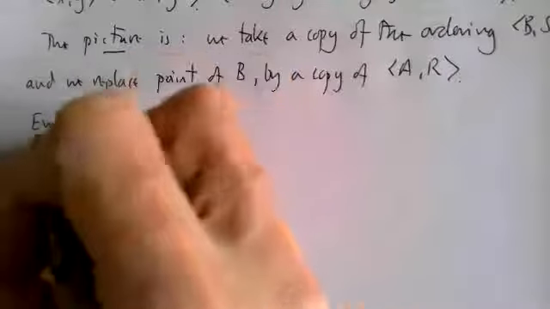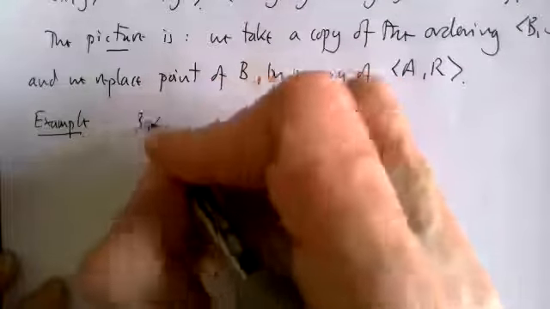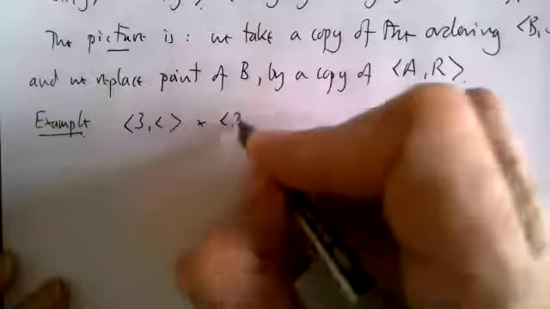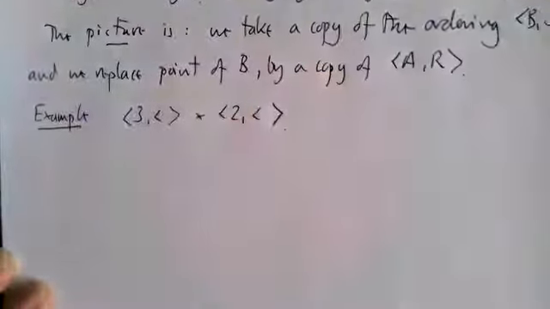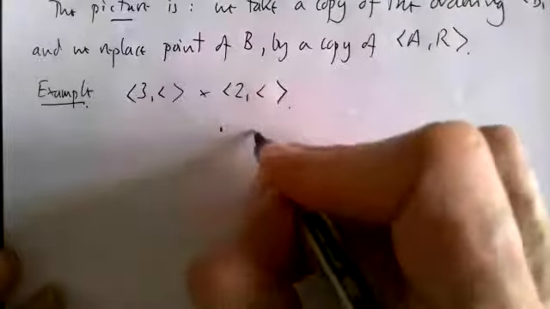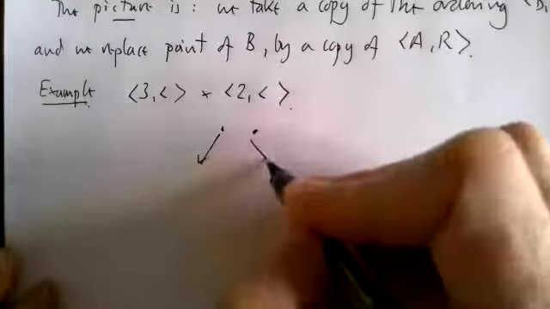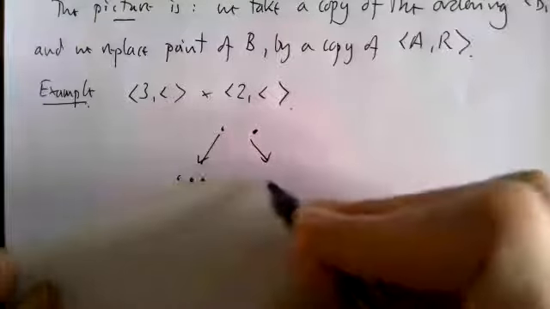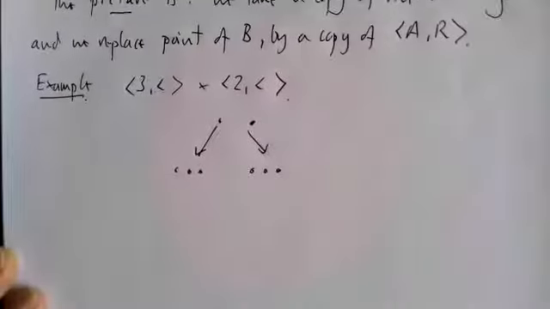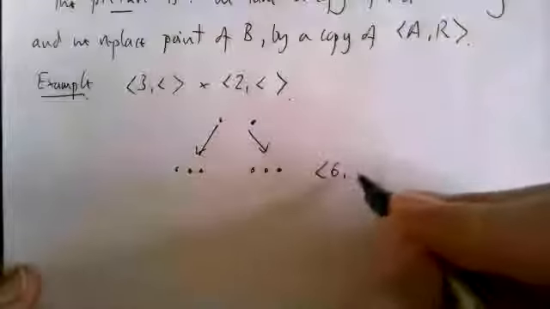So examples. I look at 3 times 2. I take a copy of 2 and I replace each point with a copy of 3. So what have I got? Well, obviously I've got 6.